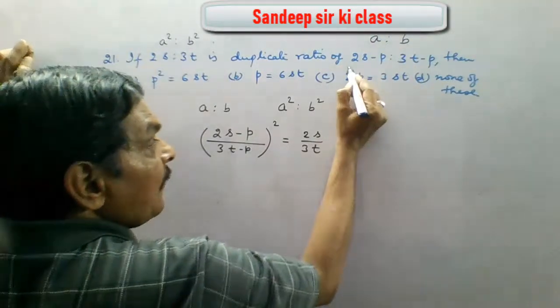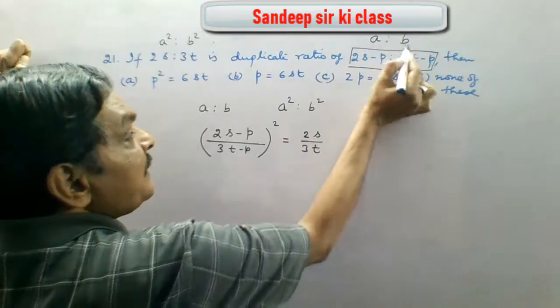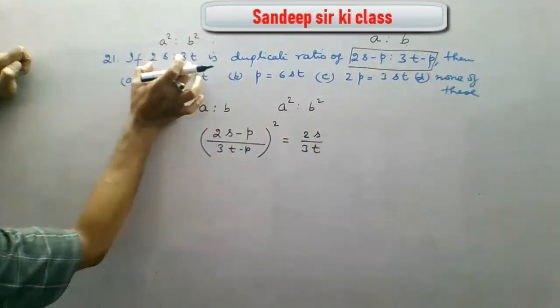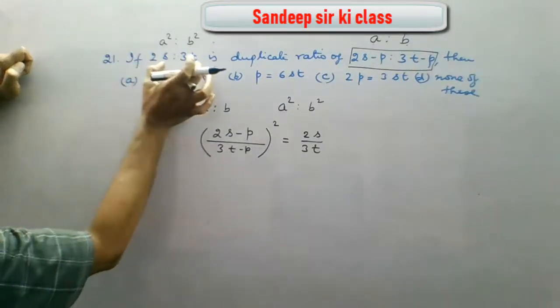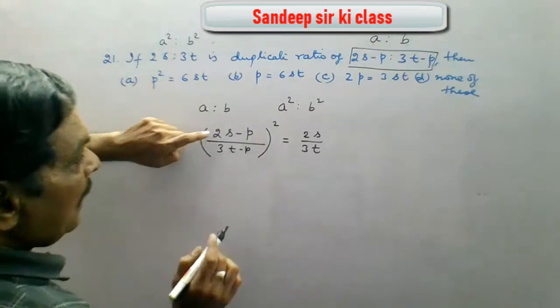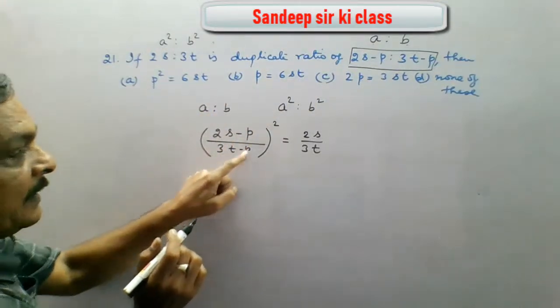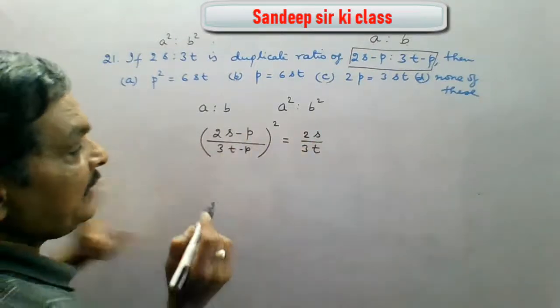If I square this, because here a is to b is here, I will be getting 2s is to 3t. So I am squaring (2s minus p upon 3t minus p) whole square, which is equal to 2s upon 3t.